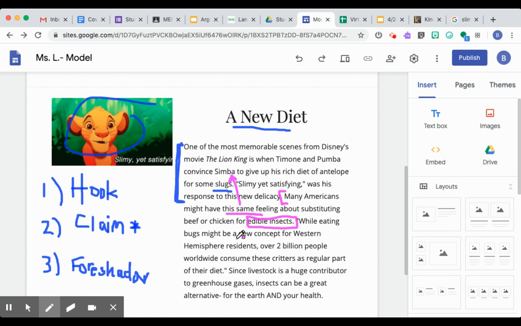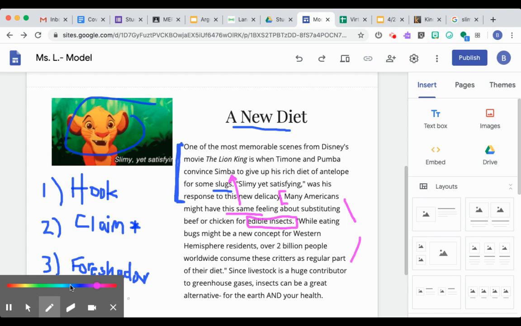While eating bugs might be a new concept for Western Hemisphere residents, over 2 billion people worldwide consume these critters as a regular part of their diet. So here, my claim is about substituting edible insects in place of livestock. I also included a direct quote to show that the United States is kind of a step behind. This isn't some new phenomenon. People all over the world are already eating bugs and insects.